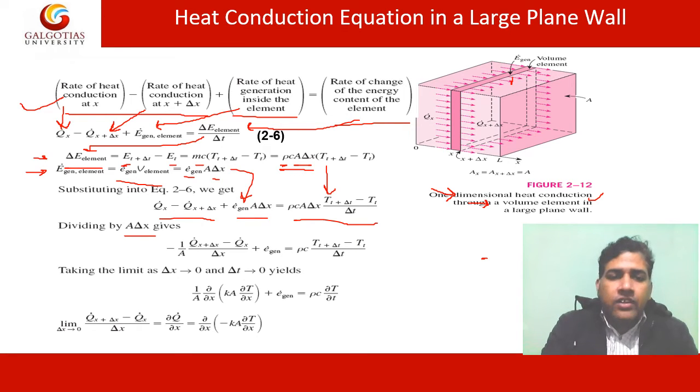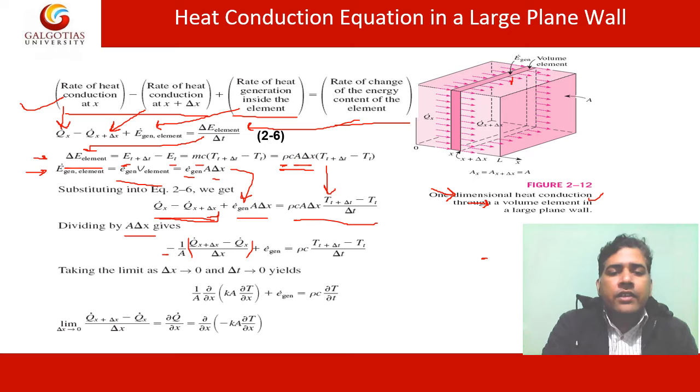Before dividing, we rearrange this part of the equation, and we are putting it in this way: qx plus delta x minus qx, so the minus will come out from here.